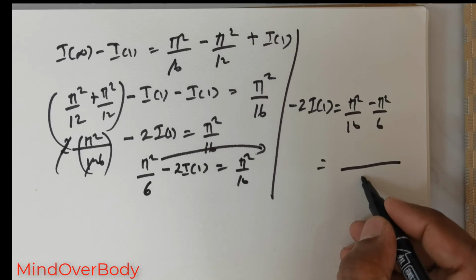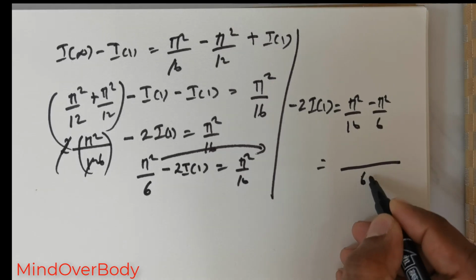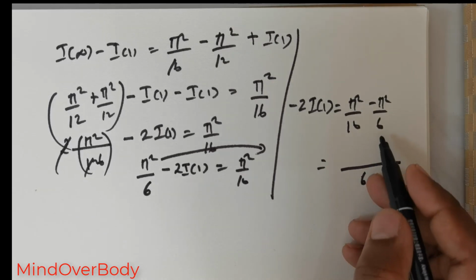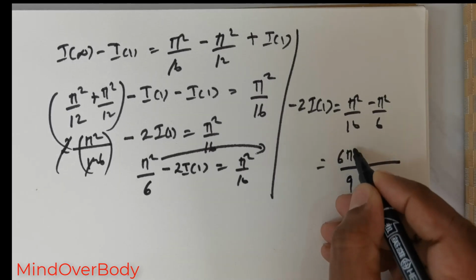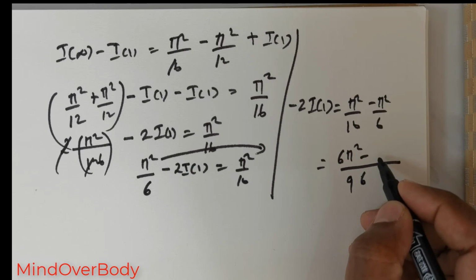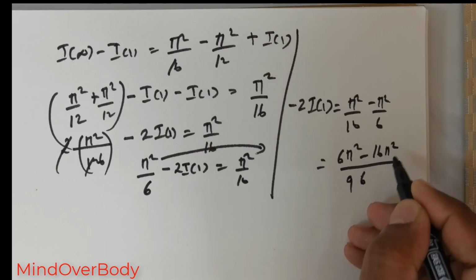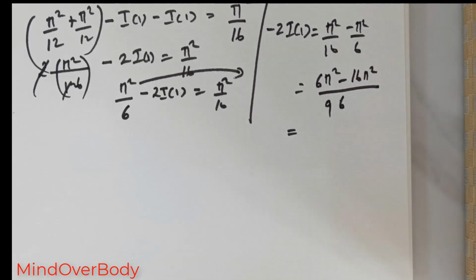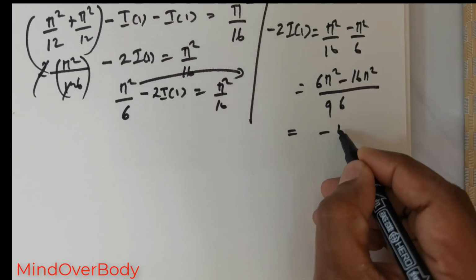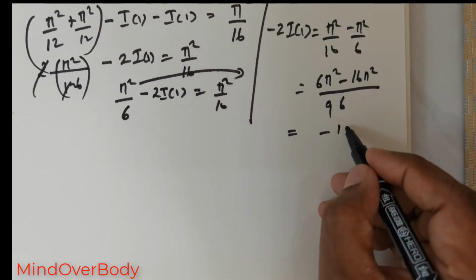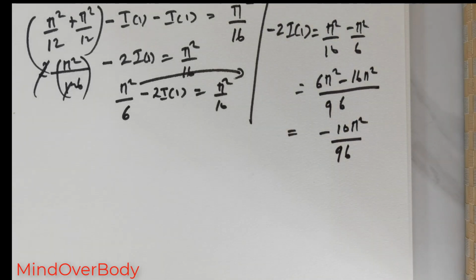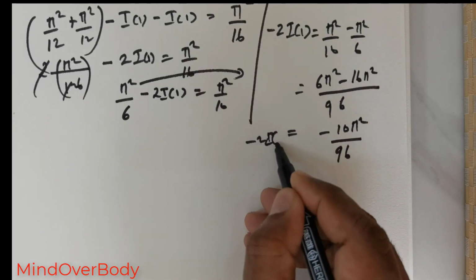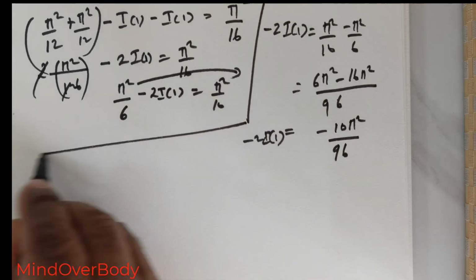If you were to take the LCM, I will take the LCM as 96. So this will become 6 times pi squared negative 16 times pi squared, which is going to be negative 10 times pi squared divided by 96, and you got a negative 2 I of 1.